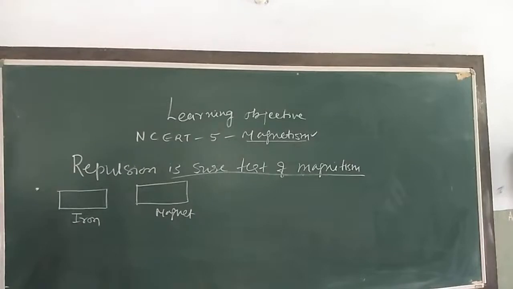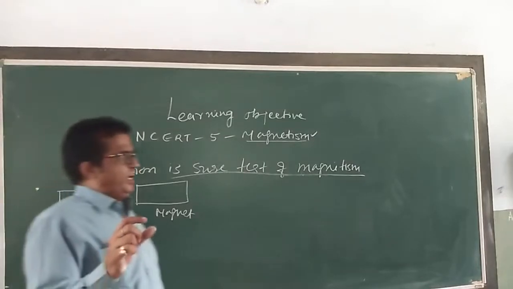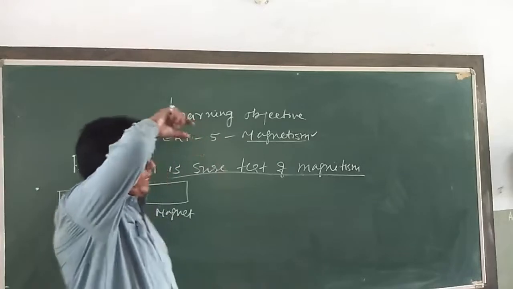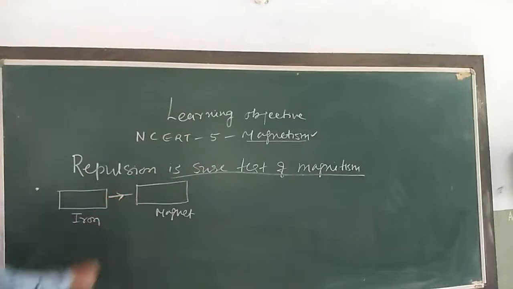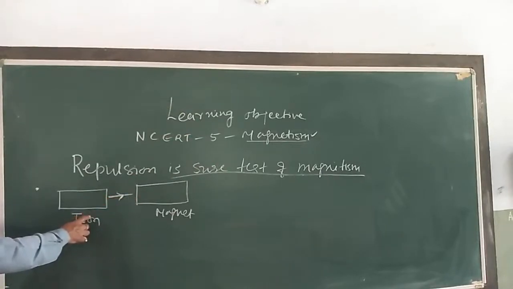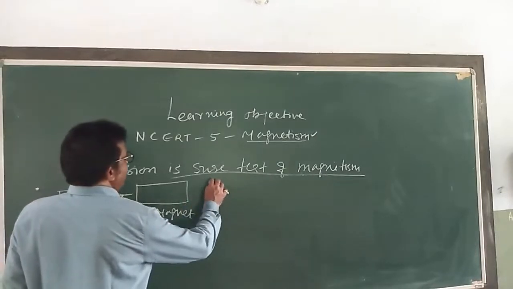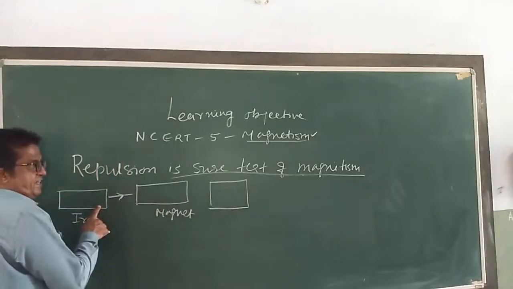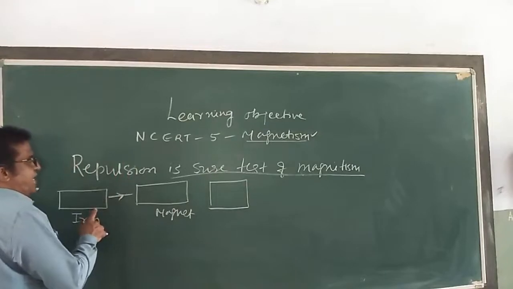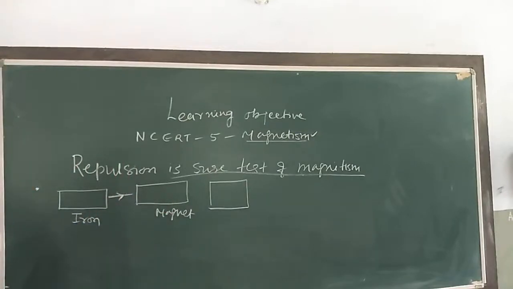To distinguish which is iron and which is magnet, what I have to do here is take another bar magnet. The bar magnet attracts the iron, and also one end of the magnet, which is the opposite pole of the magnet.